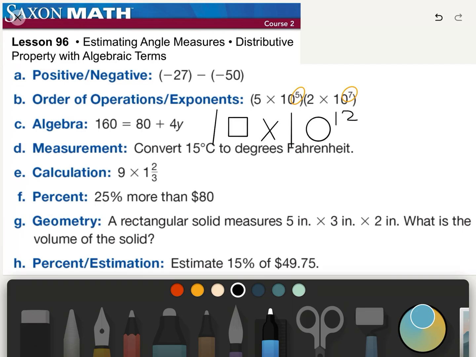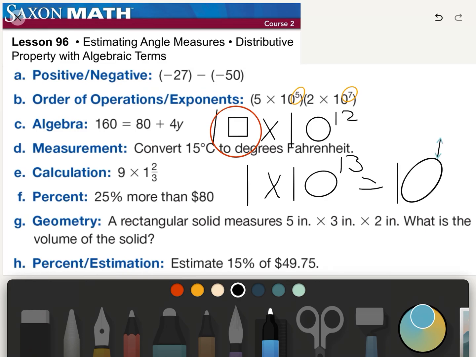Which would get us 10 to the 12th power. But hey, we've already got 10 here, so really we can pass that on over to the other to get us 1 times 10 to the power of 13, which really is just 10 to the power of 13.